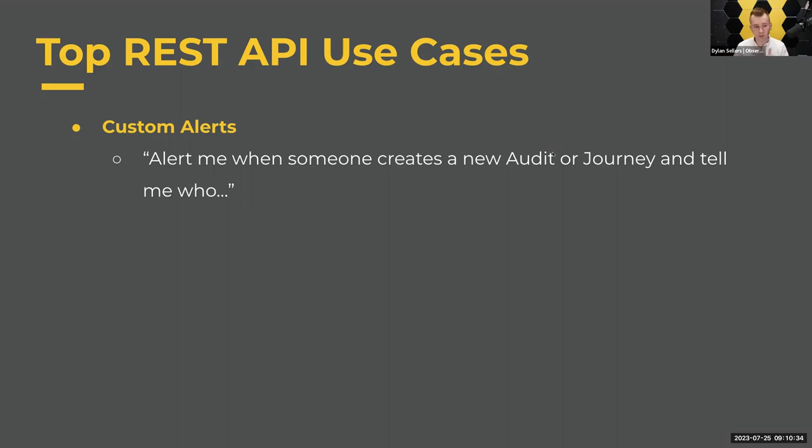With our API, you can come up with totally new alerts that aren't supported by our platform. One example I came up with the other day is, alert me when someone creates a new audit or journey and tell me who did it, right? You could have a script that hits an endpoint that checks all audits and journeys and says, hey, there's this new one this week, and here's the creator. We can do all that using the API. So just an example of a custom alert.